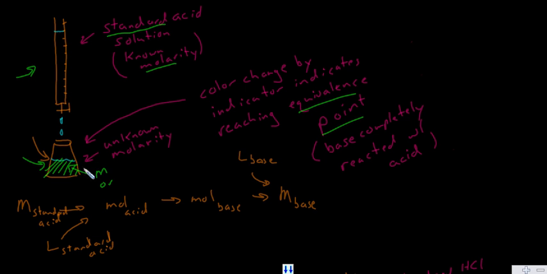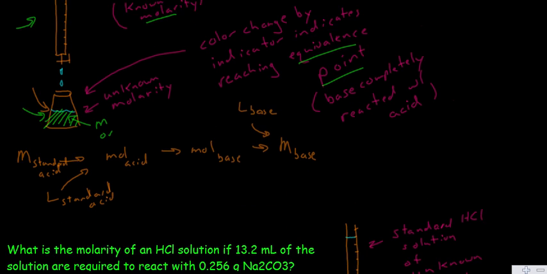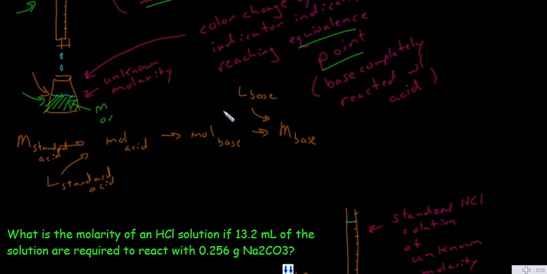Now, in some calculations, particularly in your homework, you will need to find, say, the molarity of some solution being tested. So what you might do is consider that you're adding a certain number of liters of known molarity acid or base. Presuming we're adding acid, you know the number of moles of acid.